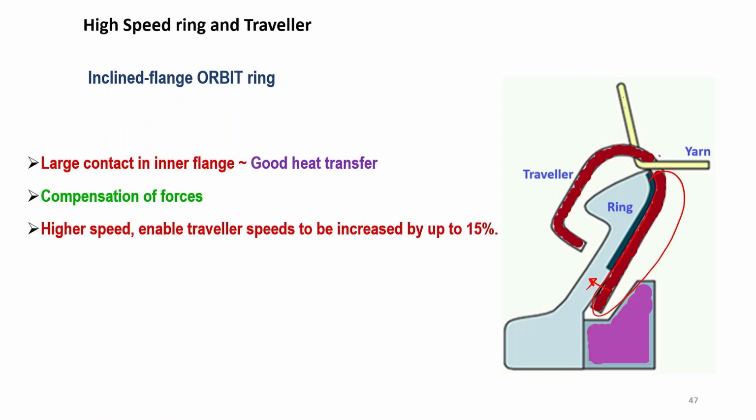The higher speed enables the traveler speed to be increased by 15% because of the high heat transmission. It is suitable for synthetic fiber, because synthetic fiber has a melting point. If the traveler temperature is reduced, synthetic fiber can be used.